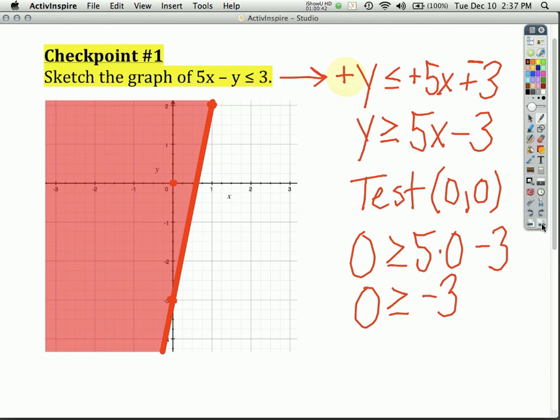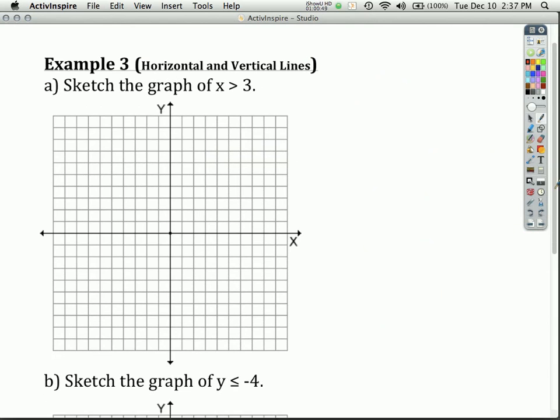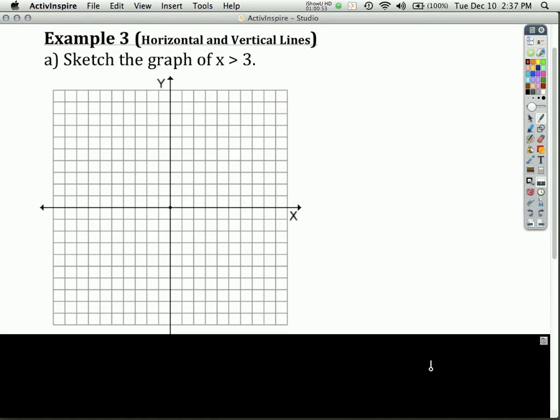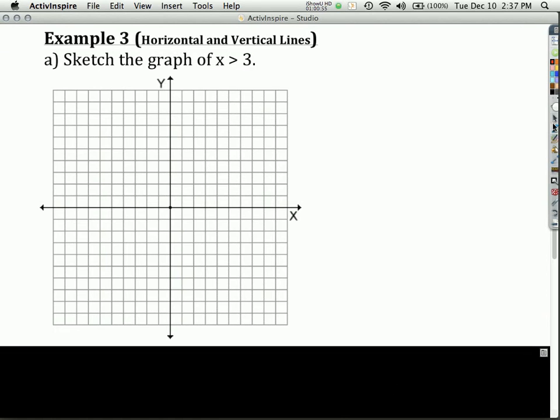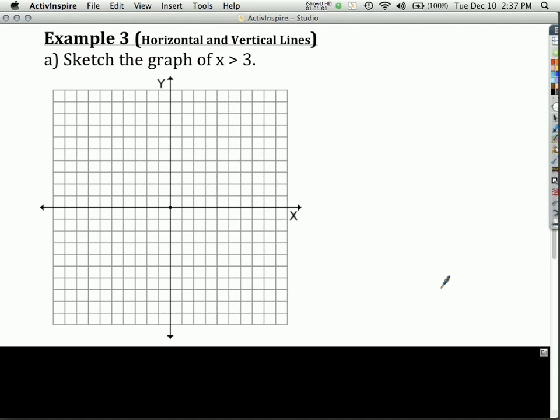All right, so now, what will happen if we need to graph an inequality that looks like this? Well, you already know how to do it, for the most part.